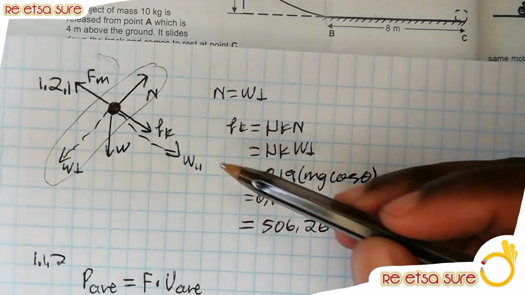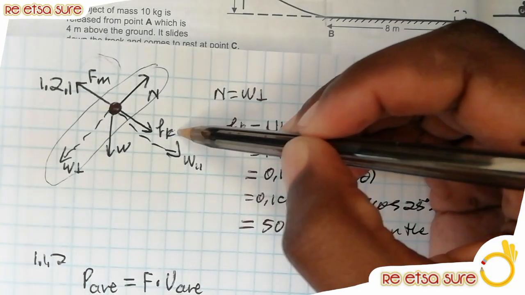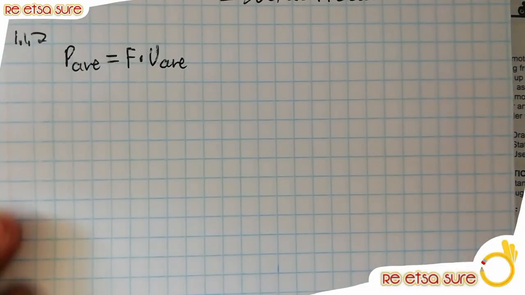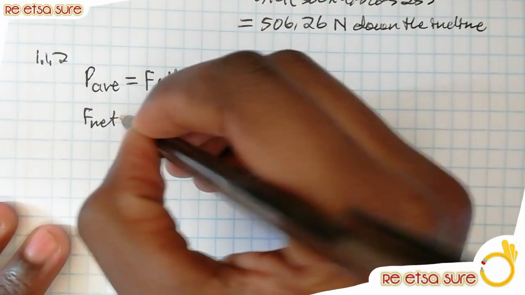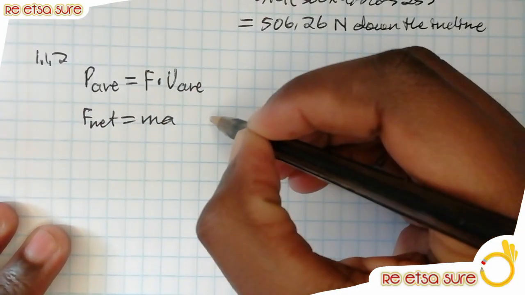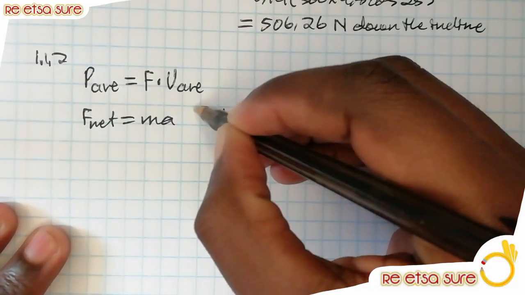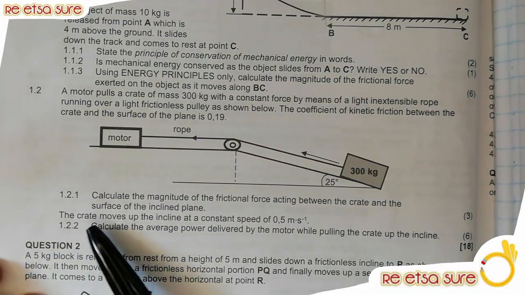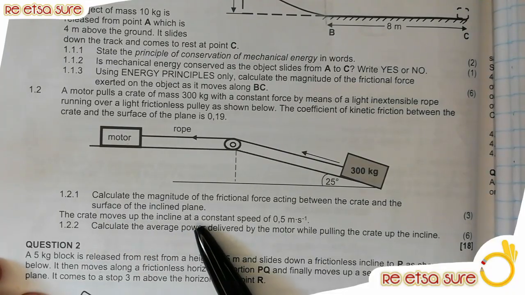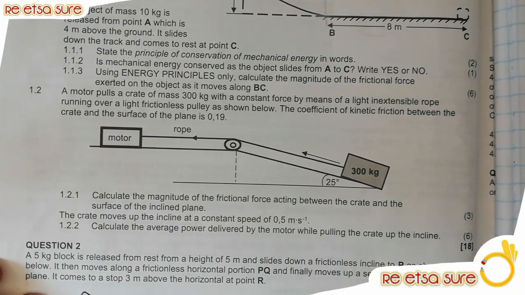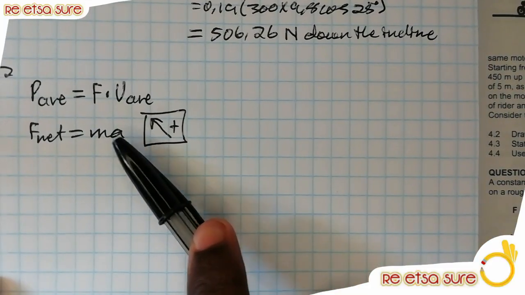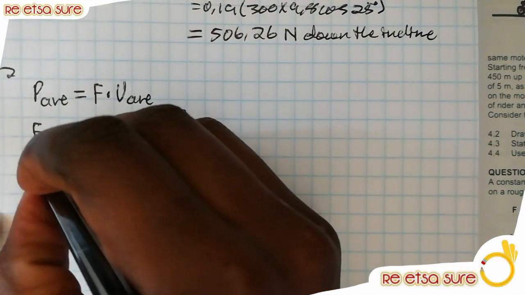And in order for us to do that, we already know the frictional force. We're going to use Newton's second law. F net is equal to ma. Now up the incline is positive. And then they told us that the crate moves up the incline at a constant speed, meaning there is no acceleration. If there's no acceleration, then this is going to give us 0.